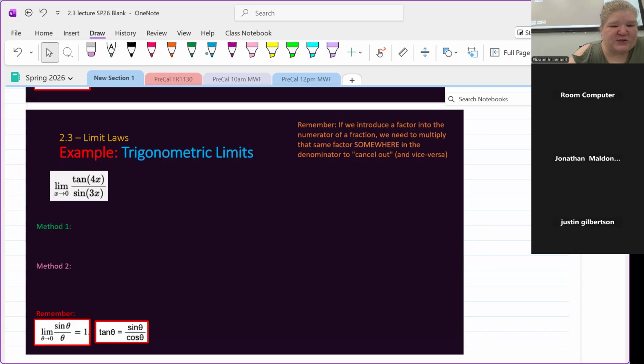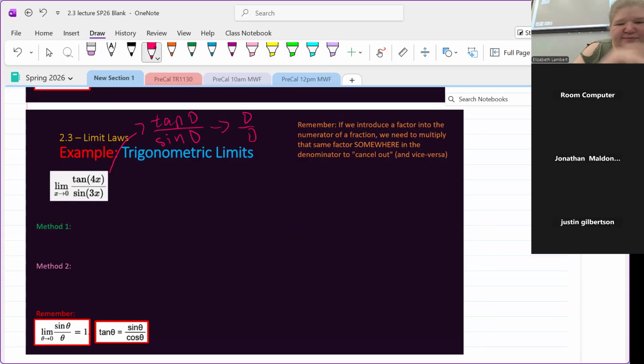All right, now this one. If I plug in 0 right here, we'd have tangent of 0 over sine of 0, both of which are 0 at 0. So we end up with an indeterminate form.